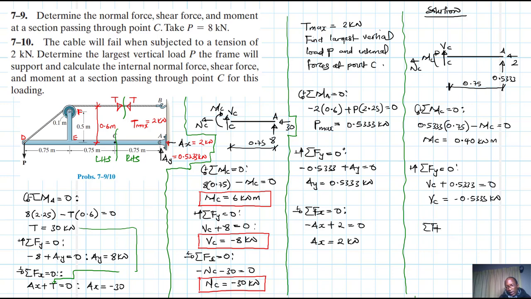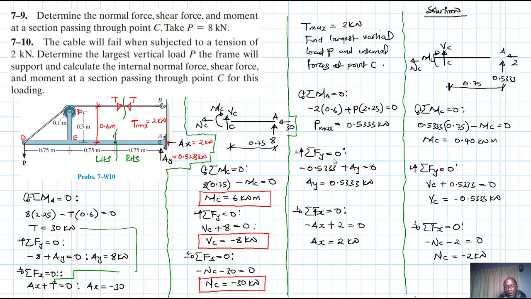And then finally we have the summation of forces in the x direction. We have minus NC plus minus 2 equal to 0, and therefore NC is just going to be equal to minus 2 kilonewtons.